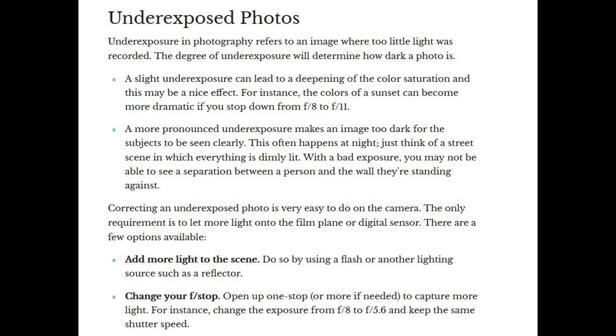Correcting an underexposed photo is easy. The methods are adding more light to the scene, changing your f-stop. In this case, you'll stop up, that's moving your reading from f/8 to f/5.6.